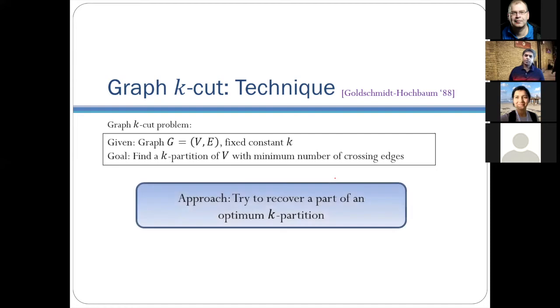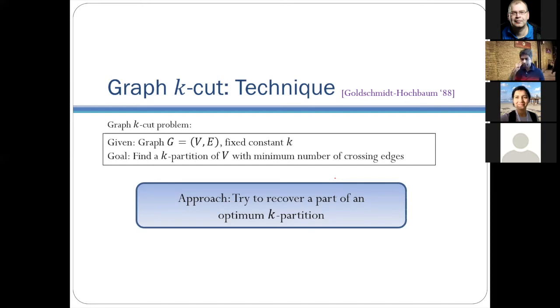The approach taken by Goldschmidt and Hochbaum is to try and recover a part of an optimum k partition. If you can recover one part of the optimum k partition efficiently, then you can remove this subset of vertices from the graph, and recurse on the remaining graph to find an optimum k minus 1 partition. Right? This is the approach.